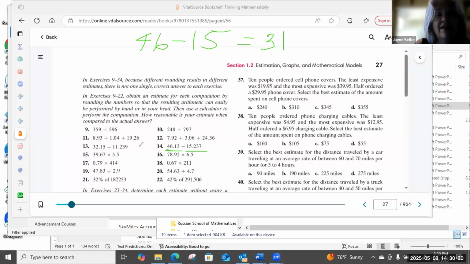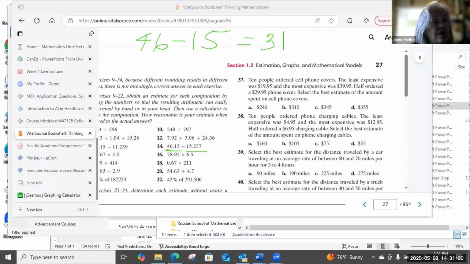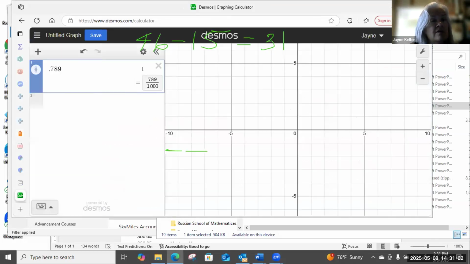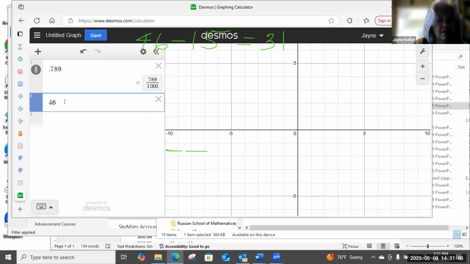And then if I actually did this with a calculator, I'm just going to pull up Desmos. So 46.13 minus, I already forgot what it was, 15 point something.